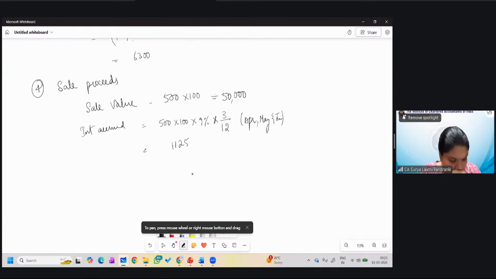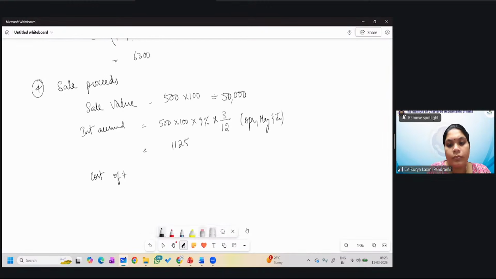Now on this you also have to calculate the profit, no? You have to calculate cost for it. What is the cost of the total bonds that we have invested?